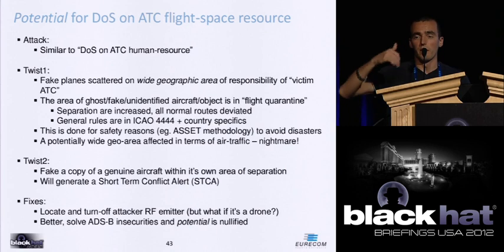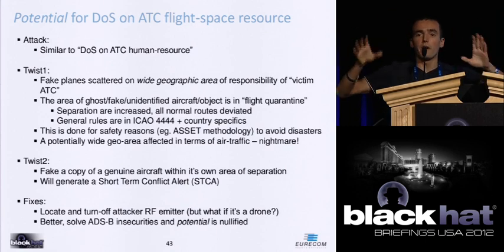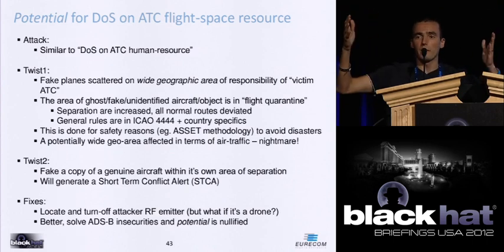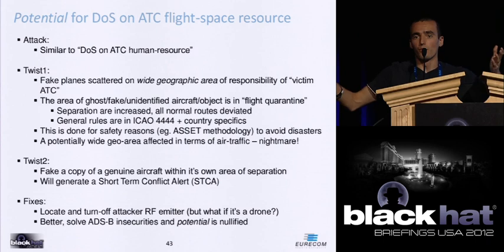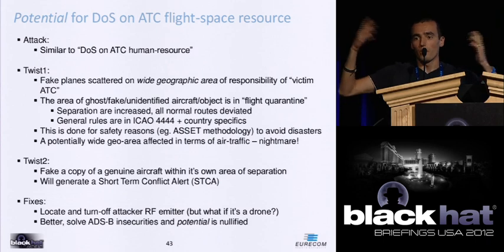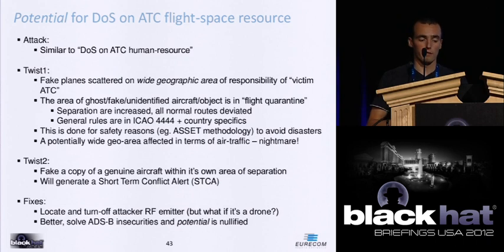to not cross that. So imagine putting widespread fake planes. You occupy all the airspace with fake airplanes, and they have to route the planes to other places, and you can exhaust all the airspace for that particular ATC.